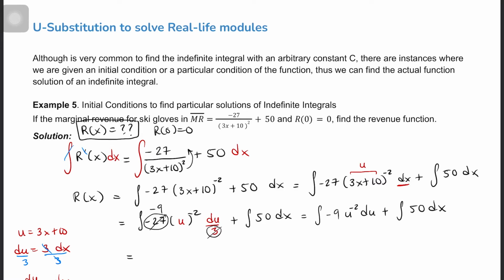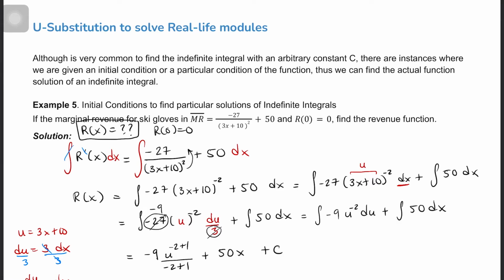For the first one, we can take the antiderivative by using the constant multiple rule and the power rule. So negative 9, and then u to the negative 2 plus 1 all over the new power. And then the plus c, but we're going to hold on the plus c, plus 50x plus c, right?